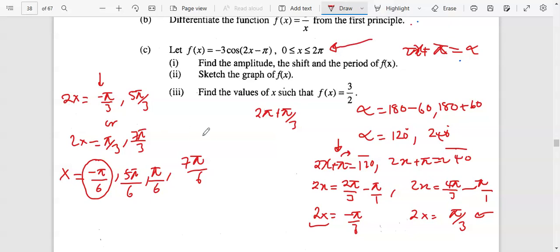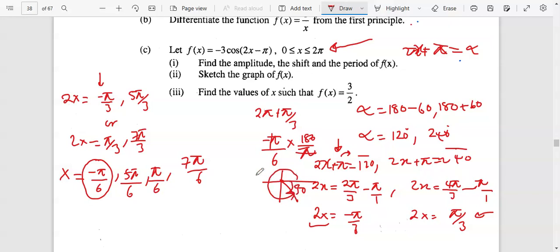Negative pi over 6, if you convert this to degrees, just multiply by 180 over pi. Pi cancels with pi, 6 into 180. So this is about negative 30 degrees, meaning that it is here. So now I want to find the angle starting from the positive x-axis in this direction.